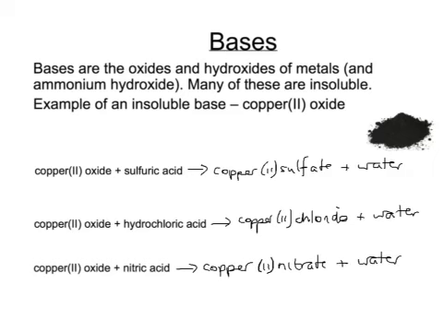So generally the reaction is very similar. The only difference is the name of the salt depends upon the name of the acid, but generally speaking a base plus an acid gives a salt plus water.